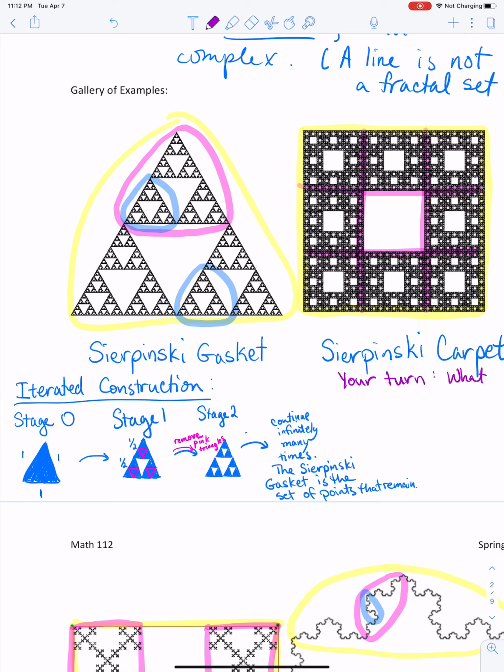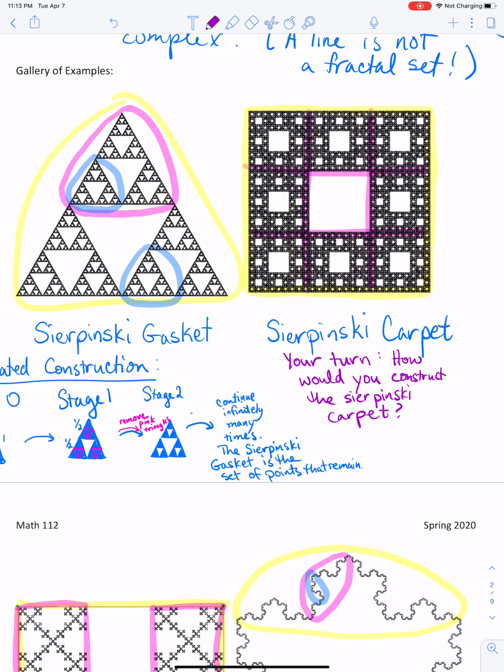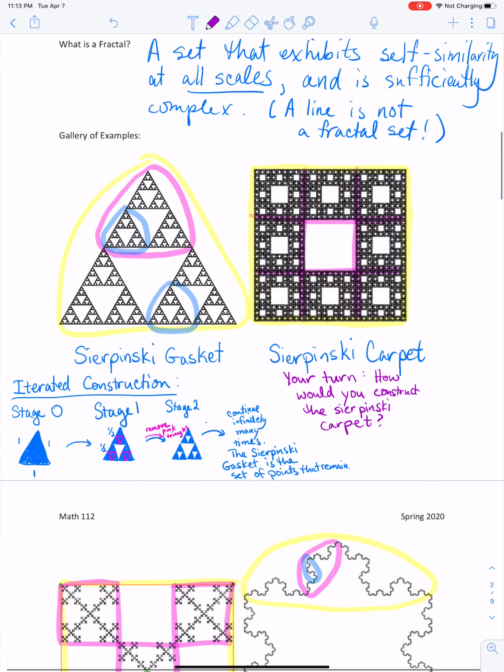How would you construct the Sierpinski carpet with a similar process? Okay, I'll stop the video here and we will pick up when you have done that.